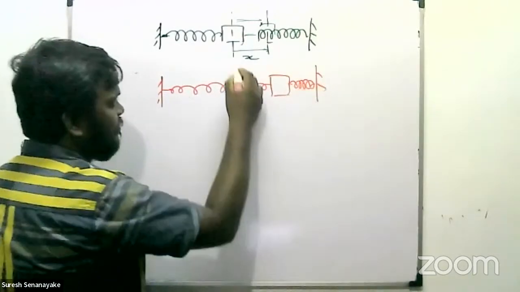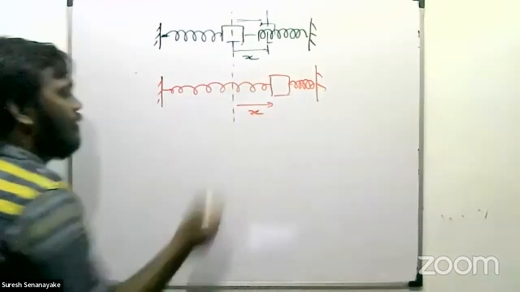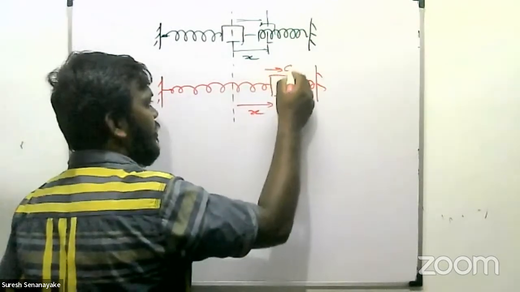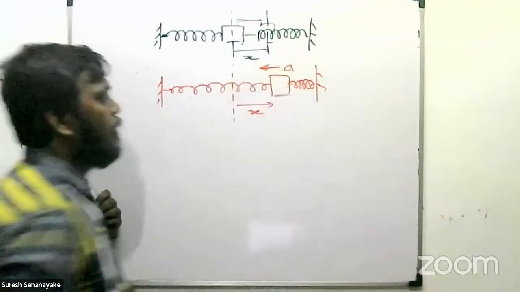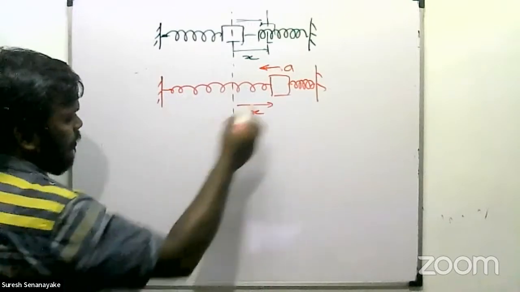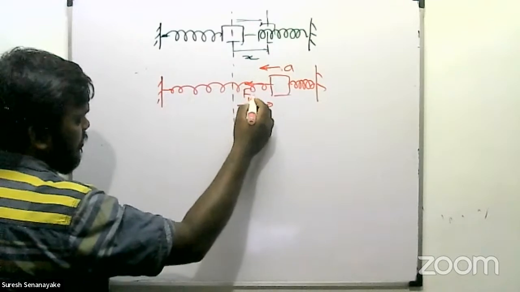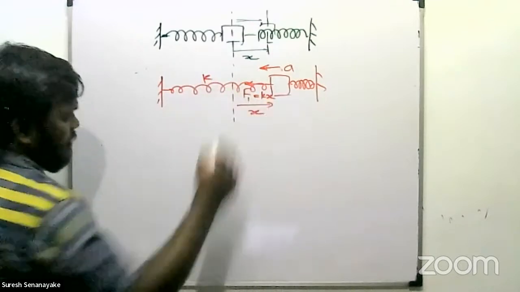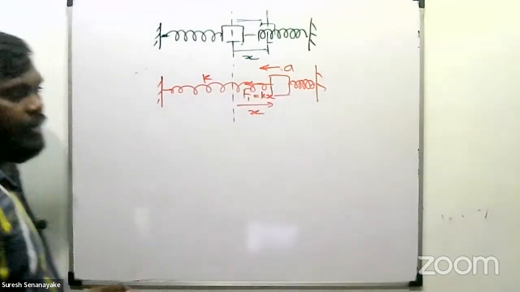Make a track. This is the equilibrium. The block is moved next to it. At this position, let's say the acceleration is in the other direction. The force acting on the first spring, F1, where k is the spring constant, is kx. The other one is also kx.